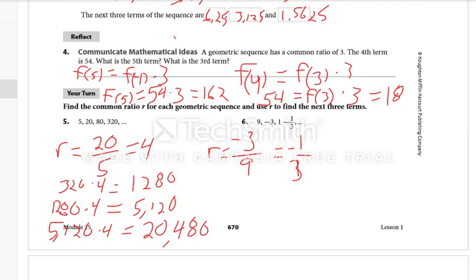Our fourth term is negative 1/3, times negative 1/3, and that is 1 over 9. 1 over 9 times negative 1/3 is negative 1 over 27.